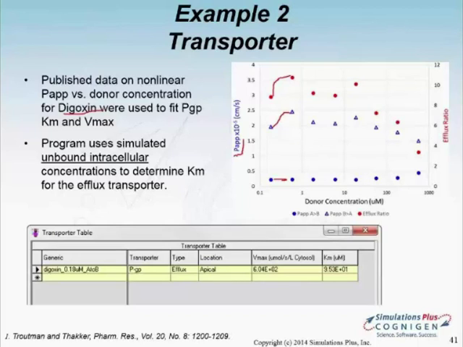I'll have to double check if the initial concentrations were the same. Let me look at MembranePlus. So for propranolol, 1 micromolar, ibuprofen, yes, the initial concentrations were the same, and the apical and basolateral concentrations for each of those are matching well.